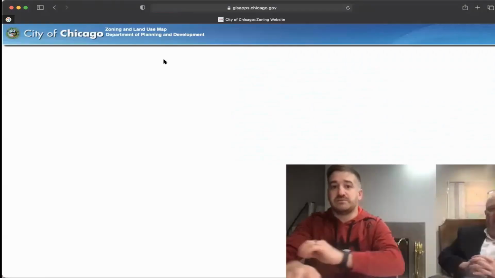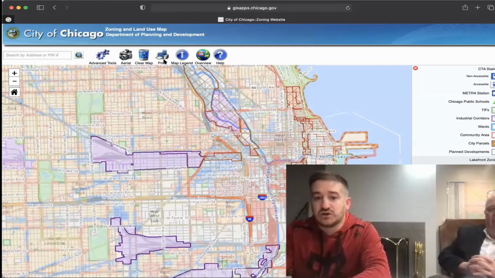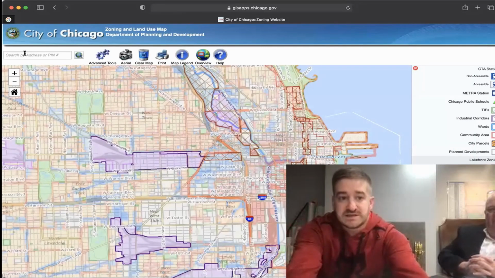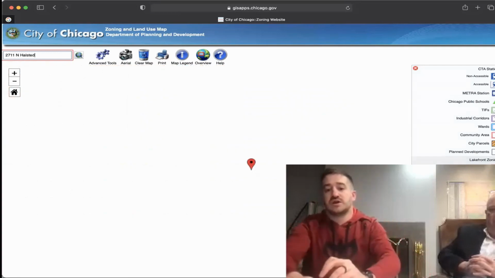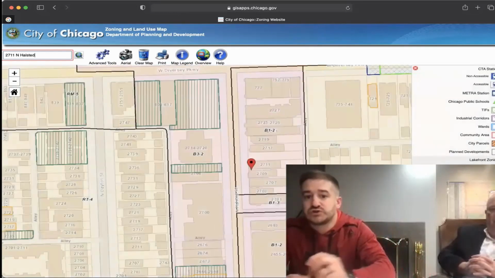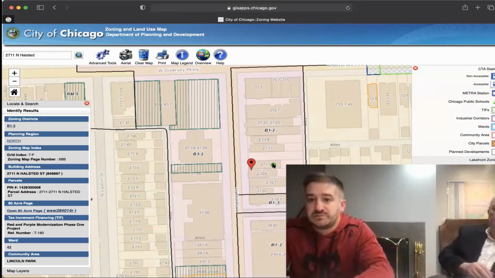So what we're talking about here is if you Google search the Chicago zoning map, it's public record. You can go on and look at any parcel's designation. So our office is at 2711 North Halsted. So I put in that address and the map will show me that 2711 North Halsted is zoned B1-2.